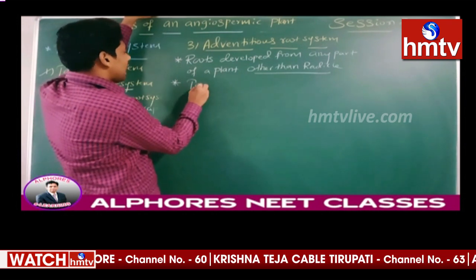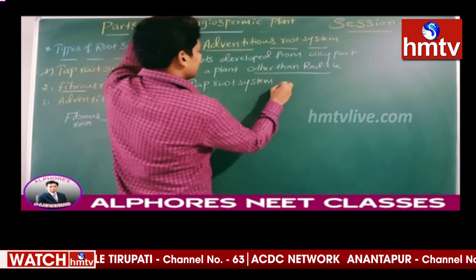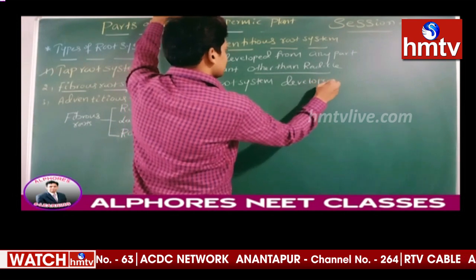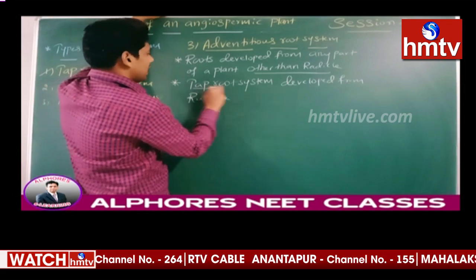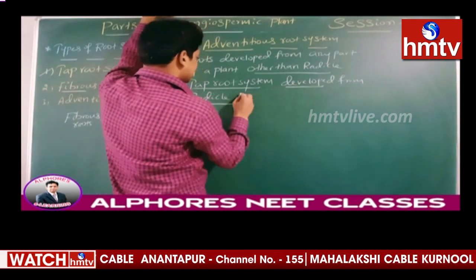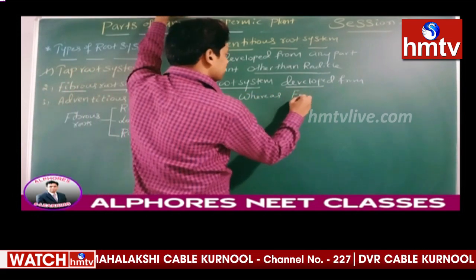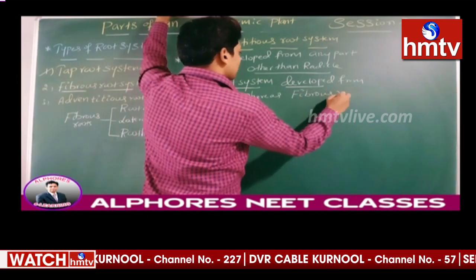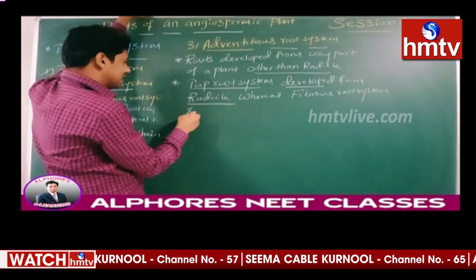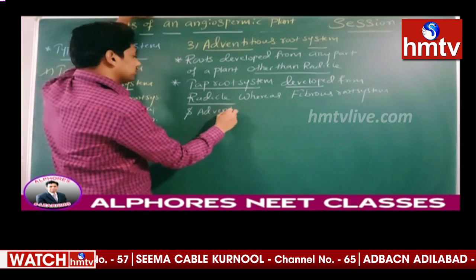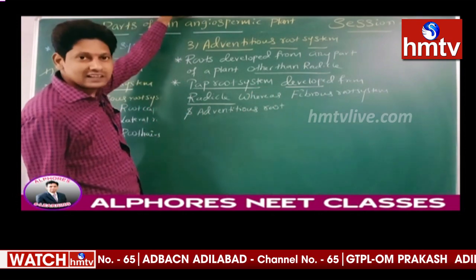Right. Therefore, the taproot system is developed from the radicle. Whereas the fibrous root system and adventitious root system, are they developed from the radicle?